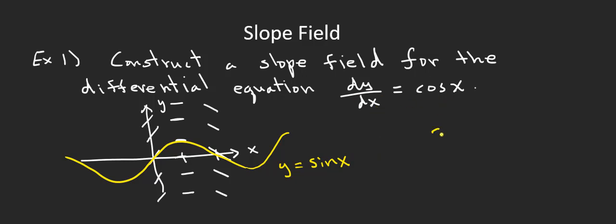It's sine x plus c, where c is any constant. That's what's happening. When you follow along the slope field, you get the solution curve. And if you want a particular solution, a solution curve that goes through a certain point, all you have to do is follow along the graph that goes through that point.